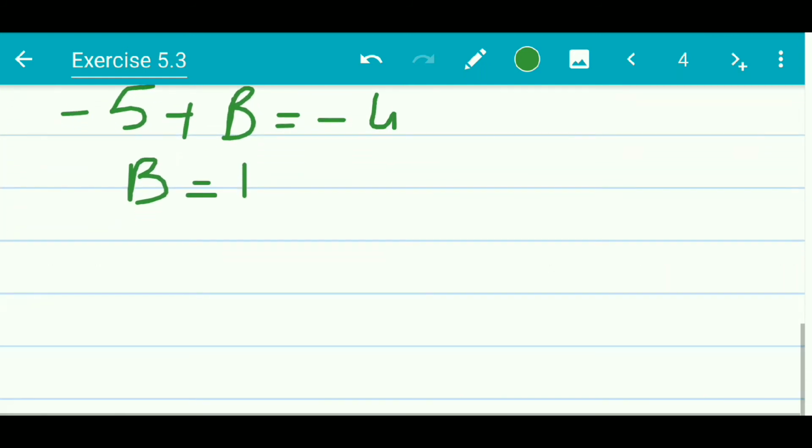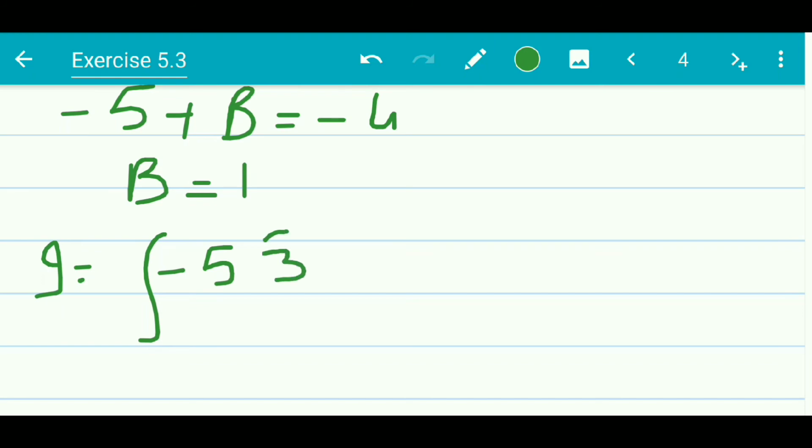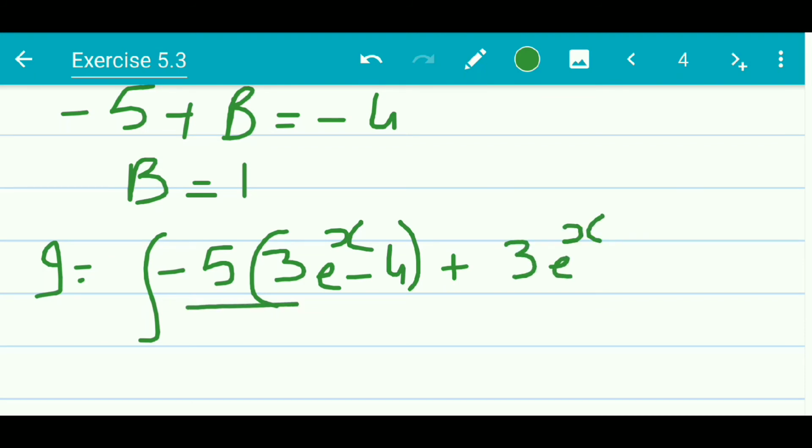Now let us write the modified integral. So our integral becomes a into, in this case a is actually minus 5. So it becomes integral of minus 5 into the denominator, that is 3 e raised to x minus 4, plus b is 1, so b into the derivative of the denominator, that is 3 e raised to x, the whole upon the denominator.